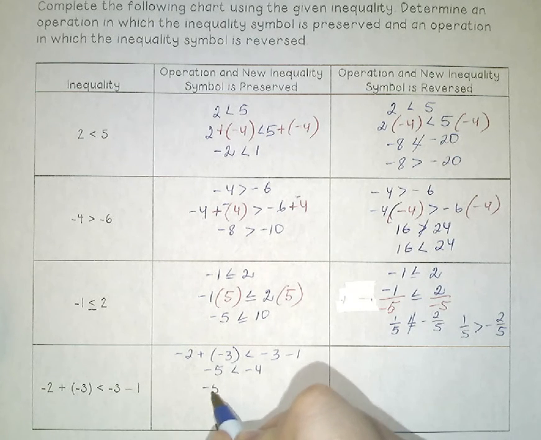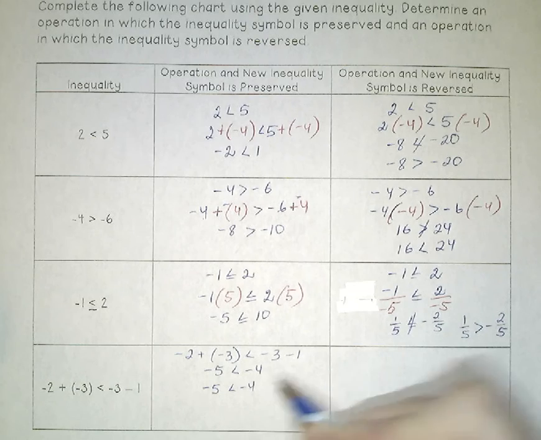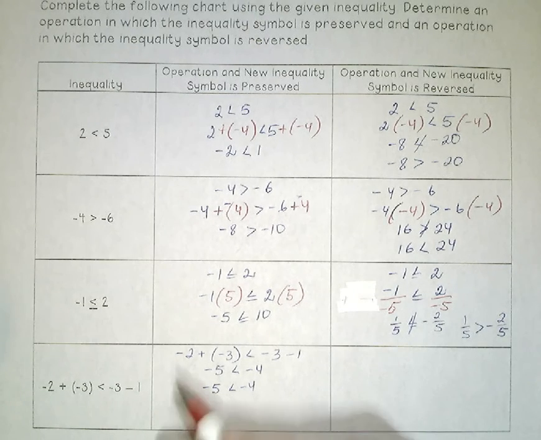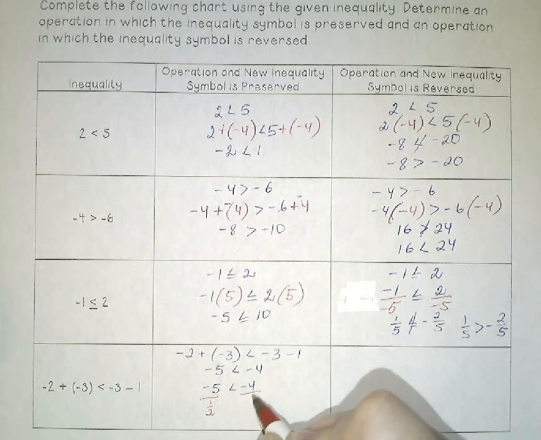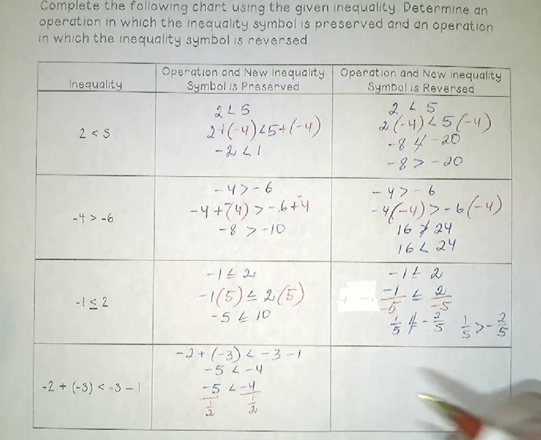Negative 5 is less than negative 4, and let's divide it by 1/2. Since I'm dividing by 1/2, I will have to multiply by its reciprocal, which is 2, right? Both multiplied by 2.